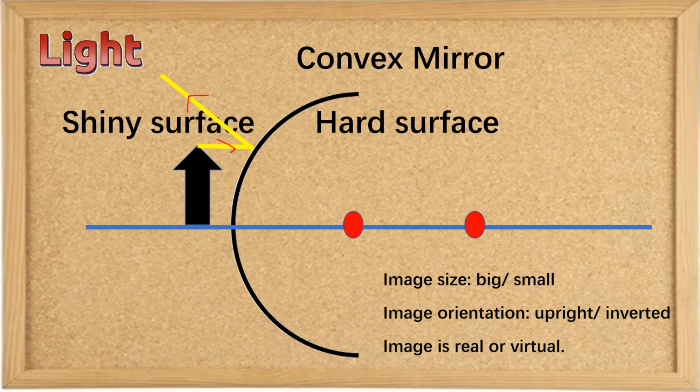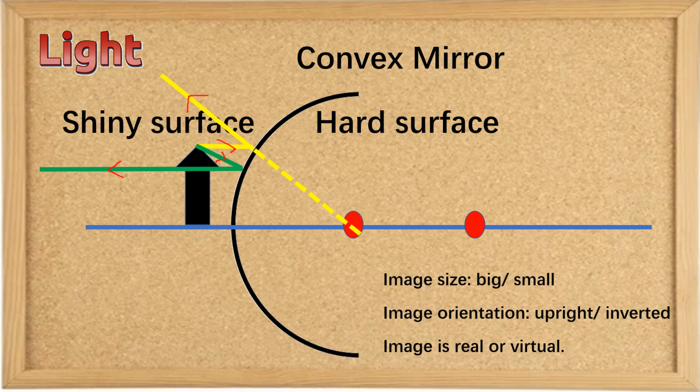And then for this reflected ray, you're going to make an imaginary line as if the light is coming from your focal point, just like this one. Next, you're going to make your secondary ray diagram. From the top of the object, going to the mirror, it will be reflected back. So don't forget to make the arrow again.